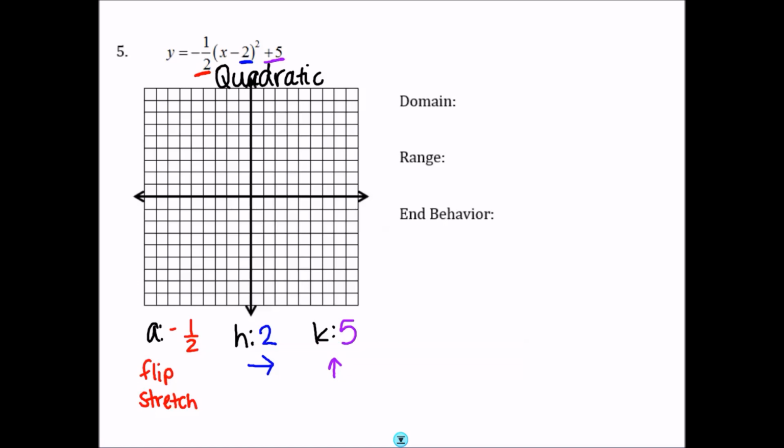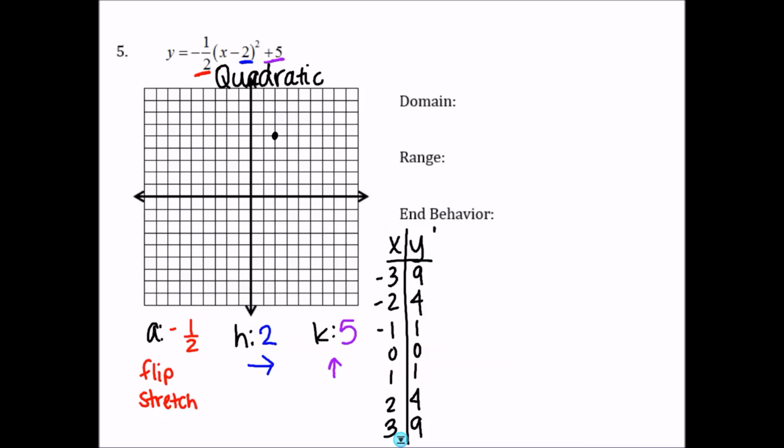Now, let's draw the XY chart. We can do -3, -2, -1, 0, 1, 2, and 3. -3 squared is 9, -2 squared is 4, -1 squared is 1, 0, 1, 4, and 9. I'm going to go ahead and plot my point HK, which is my starting point. That's the point 2, 5.